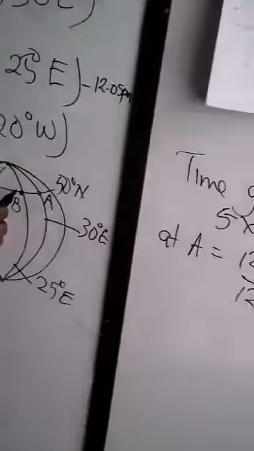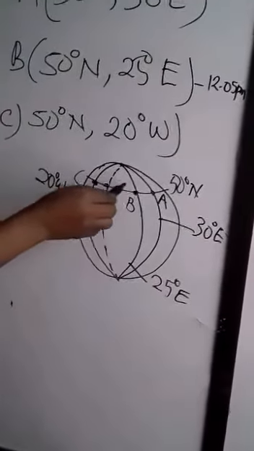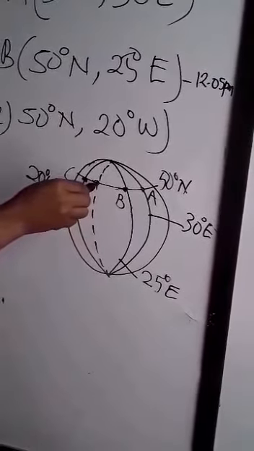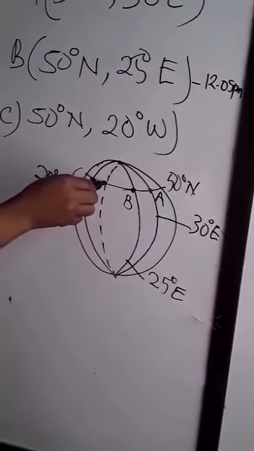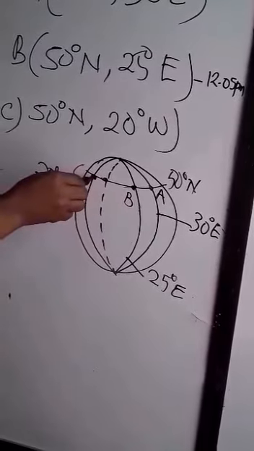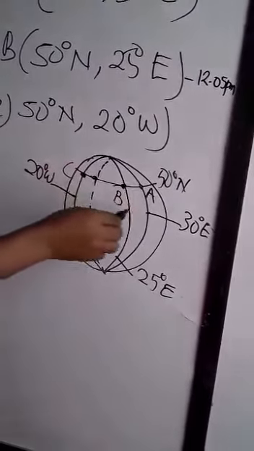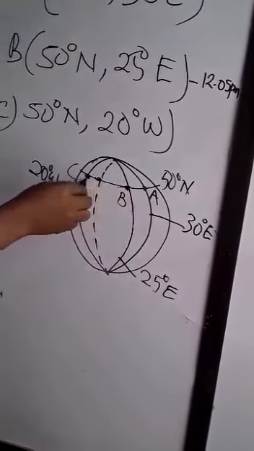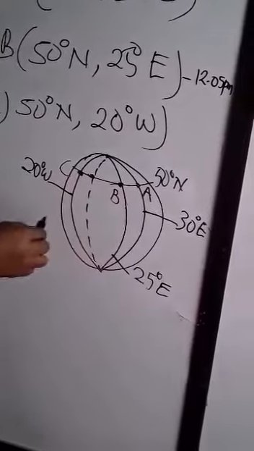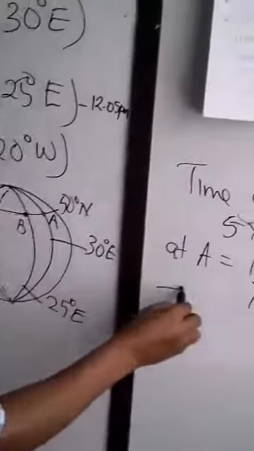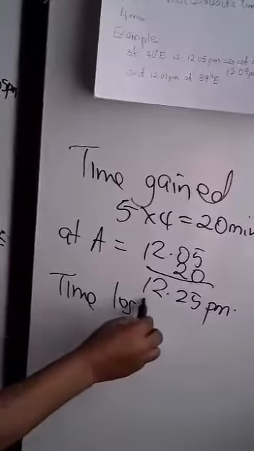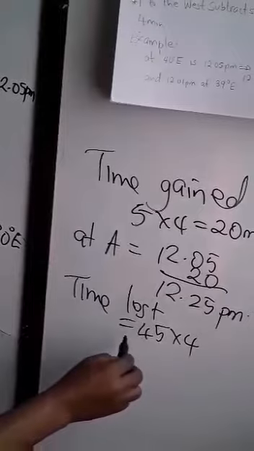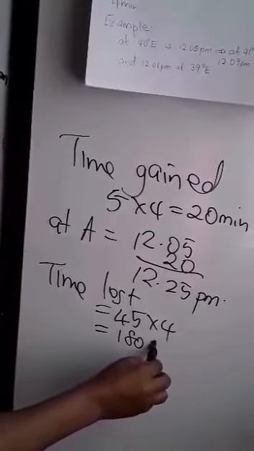Between B and C, remember, there are 25 degrees between B and the prime meridian, and 20 degrees between the prime meridian and C. So the total angle, not time, between B and C is 25 plus 20, so 45 degrees. The time lost will be 45 times 4, which gives us 180 minutes.